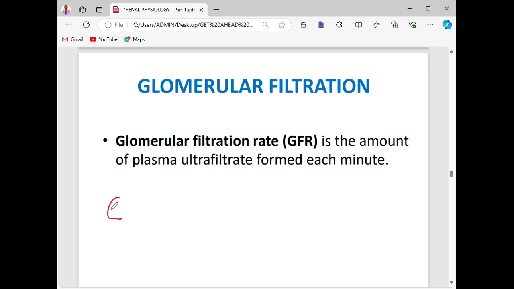Glomerular filtration rate is equal to the concentration of inulin in urine, multiplied by flow rate, divided by the concentration of inulin in plasma.